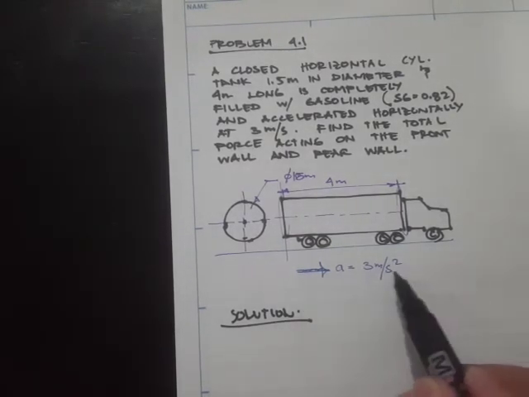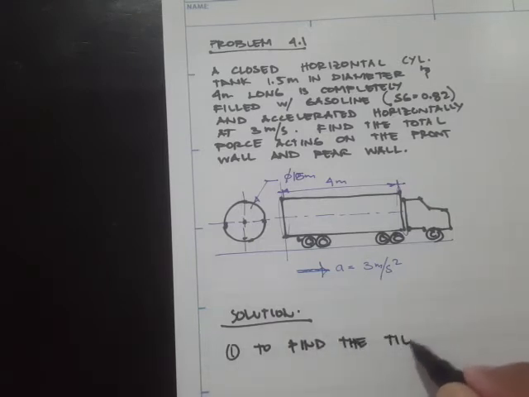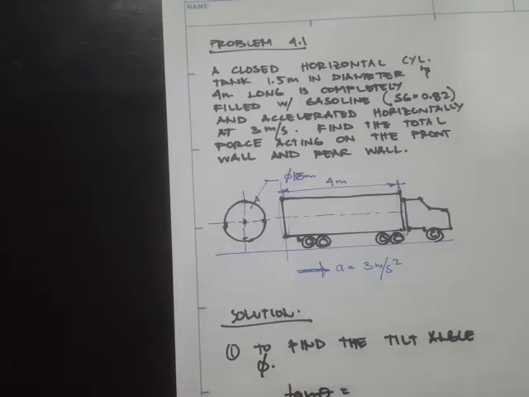since we have the acceleration along the x direction, our working equation to find the tilt angle, or inclined angle, is tangent theta equal to our acceleration along the x over g.